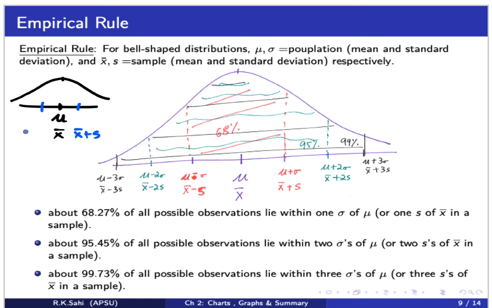On the left-hand side, it can be x bar minus s. So within one standard deviation of the mean, 68% of the population is there.